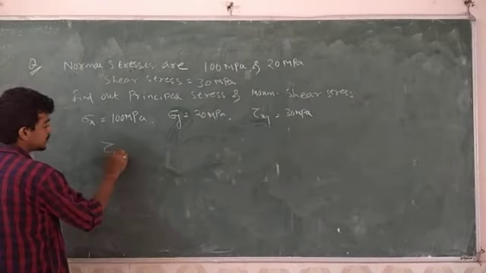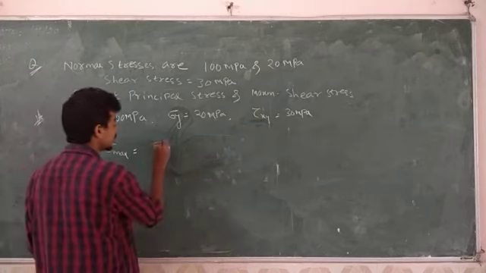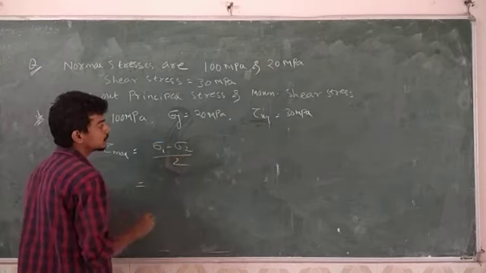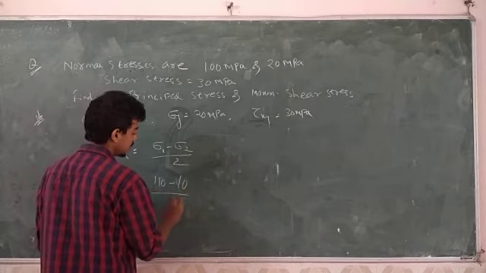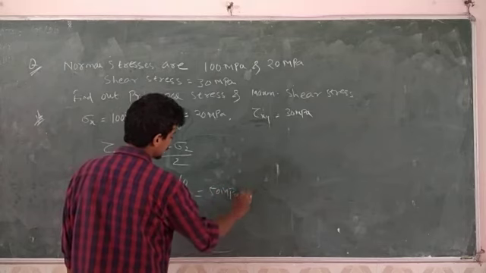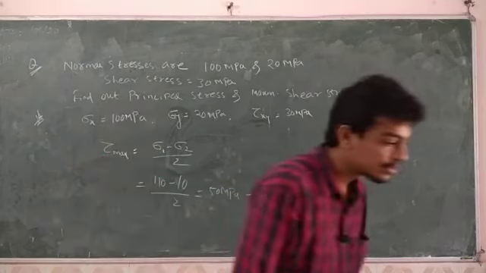So what is the formula of maximum shear stress? I already told, sigma 1 minus sigma 2 by 2. So put the values: sigma 1 110 minus 10 by 2. So it is coming 50 megapascal. This is your answer.